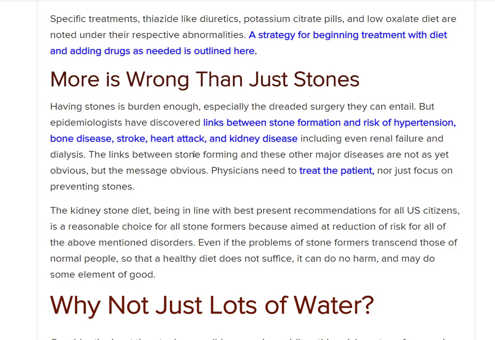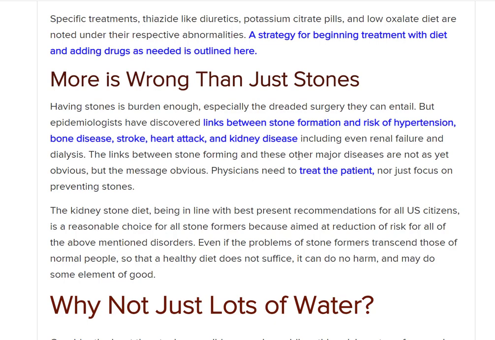Neither does anybody else. I suspect that there are genetic reasons that link having these diseases to having stones. What this boils down to is that when you form stones, you should be getting treatments that act to bring improved health across the board.